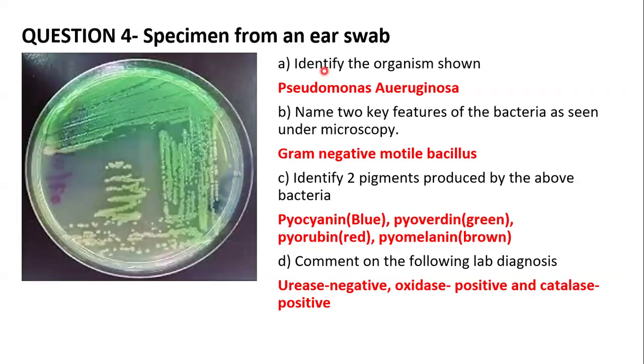But if you are to do a proper Gram stain, you would not see it, because by the time you've done the procedure of Gram stain, adding iodine, adding the safranin, all that, the bacteria will be dead. It won't be able to move.